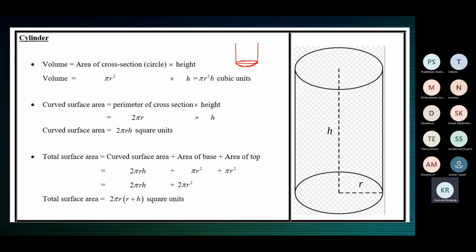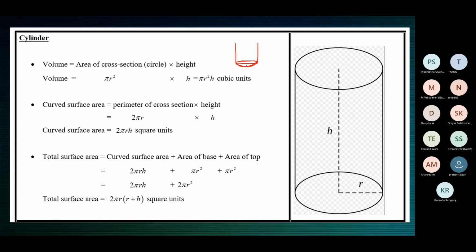Let's analyze the different aspects of the tumbler. There is the curved surface area, and it also has area at the base. You can see a circular rim on the top, the edge of the tumbler, where you sip the liquid from.